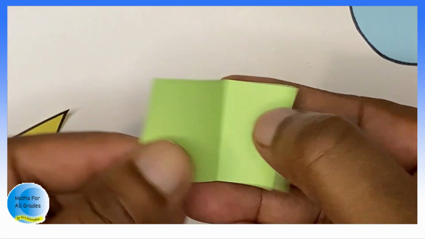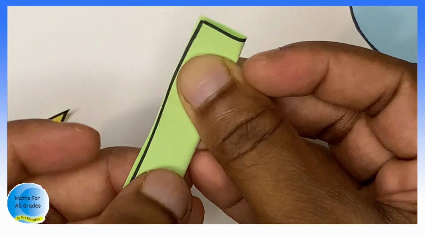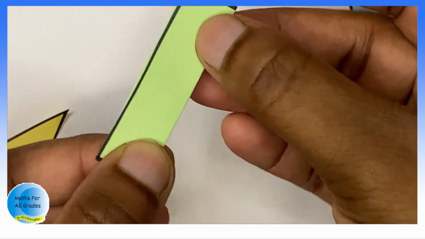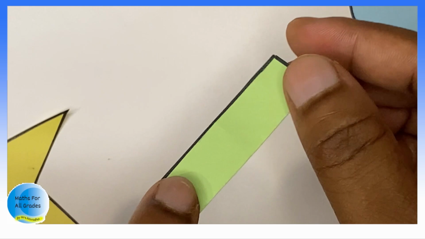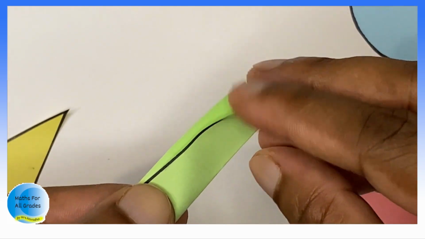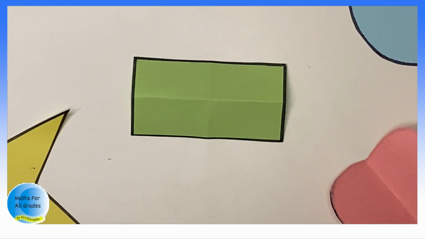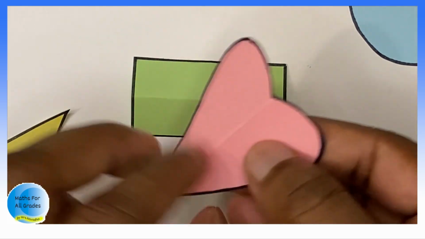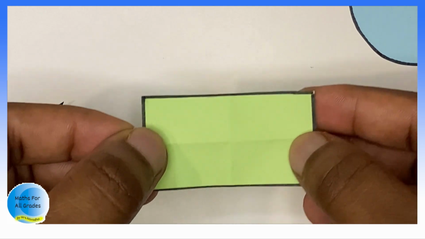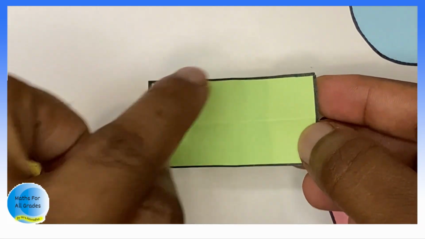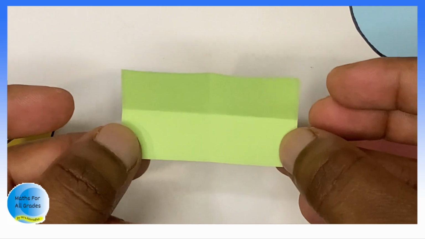And I'm also going to try to fold in this way. Okay, you can see these two sides still coincide with each other. That means a rectangle is also a symmetrical figure. So in the first figure, we got only one line, this line. But you can see in a rectangle, we got two lines, this line and also this line. Right, we got two lines there.